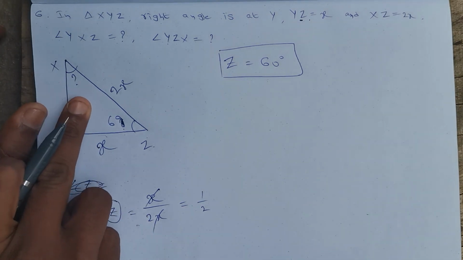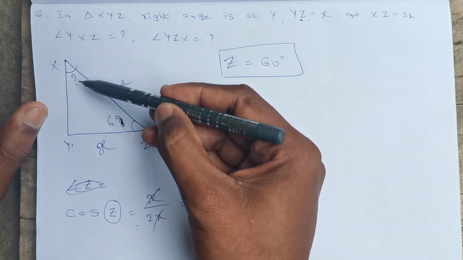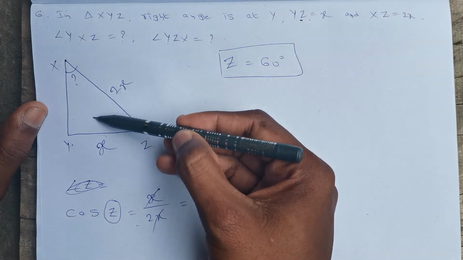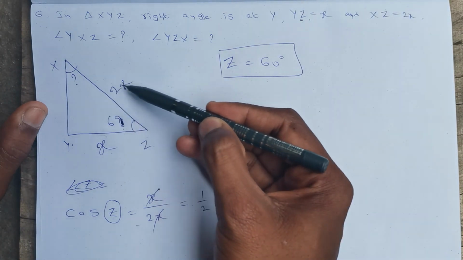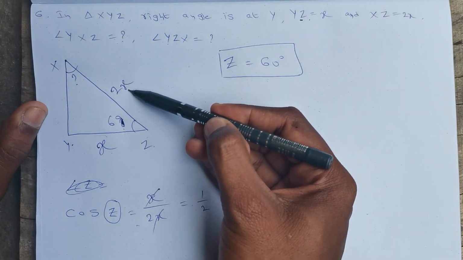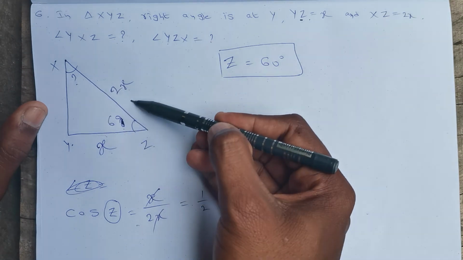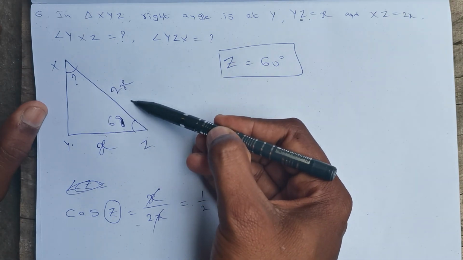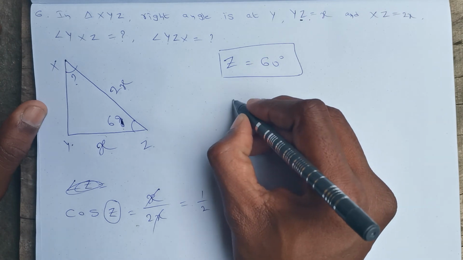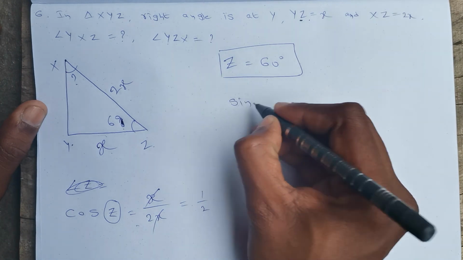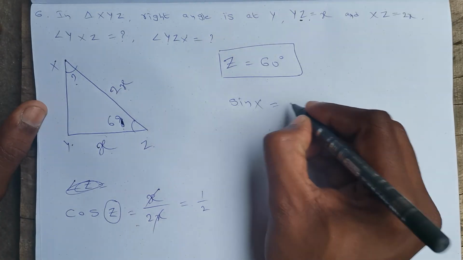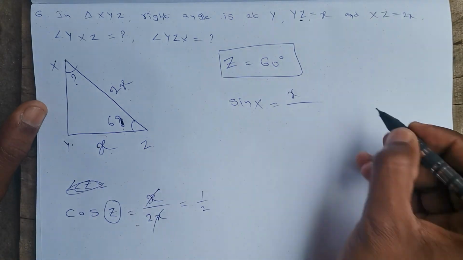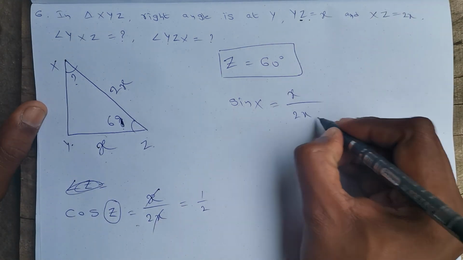One more angle is there, we need to find that now. For this angle, x will become opposite, 2x will become hypotenuse. Which ratio will discuss about opposite and hypotenuse? Sine and cosecant. So I am going to take sine. You can take cosecant also, the same answer will come. Sine x is equals to opposite, small x, divided by hypotenuse, 2x.